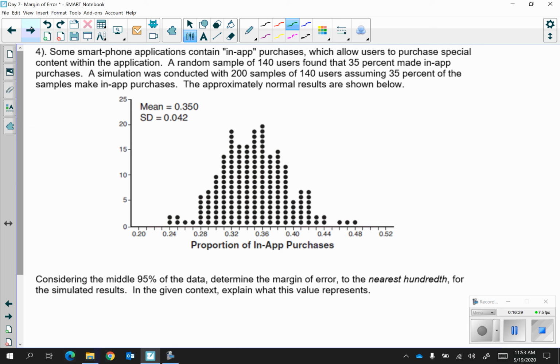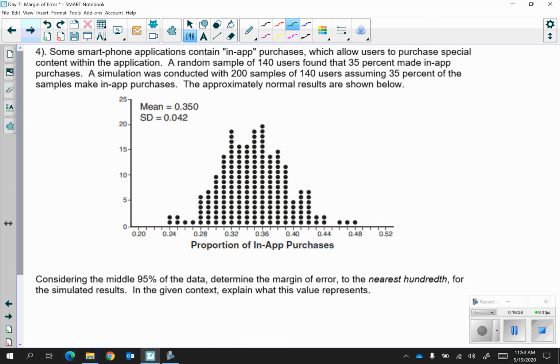A simulation was conducted with 200 samples of 140 users, assuming 35% of samples make in-app purchases, and the approximately normal results are shown below. That is a mouthful. They want you to consider the middle 95% of the data, so using the confidence interval, they want you to determine the margin of error to the nearest hundredth for the simulated results.